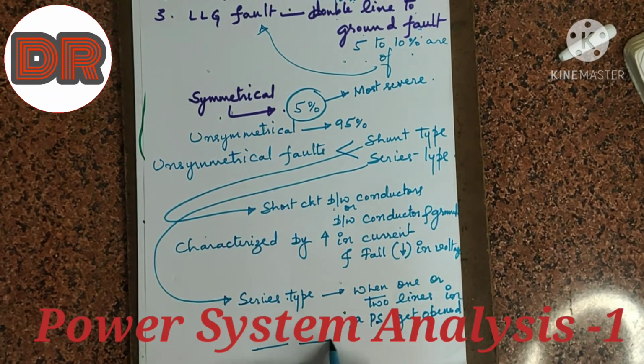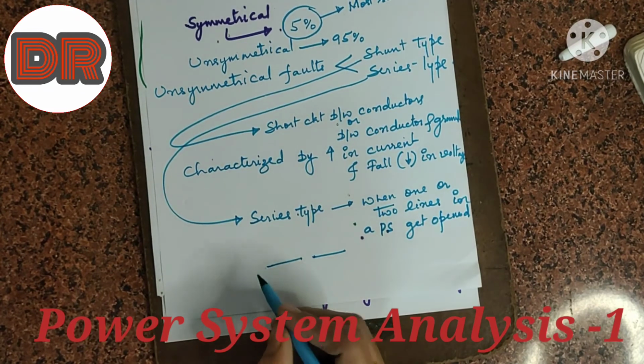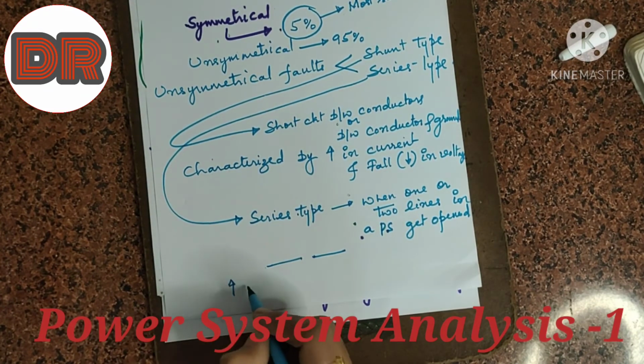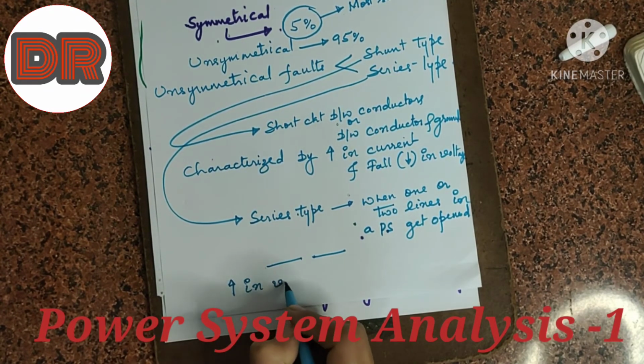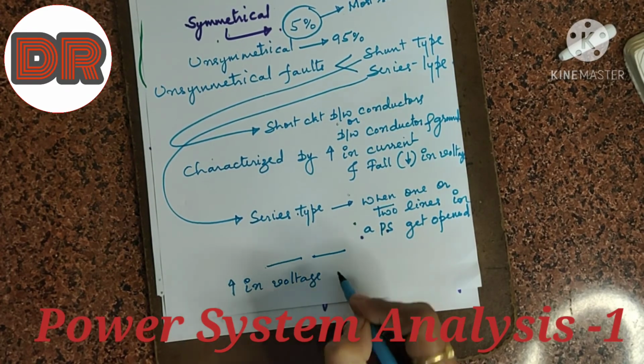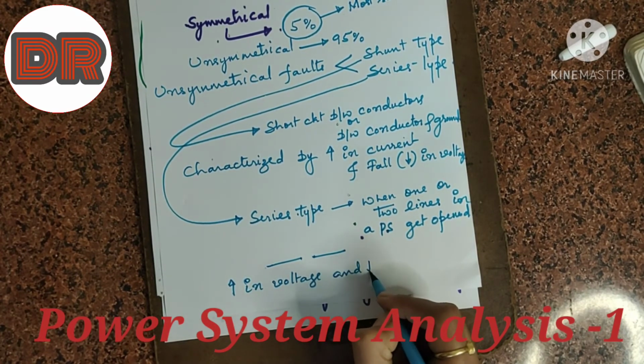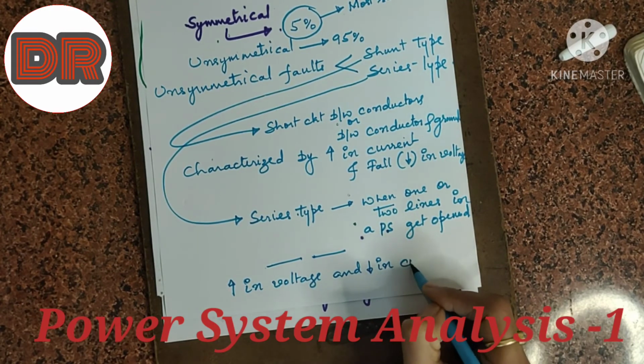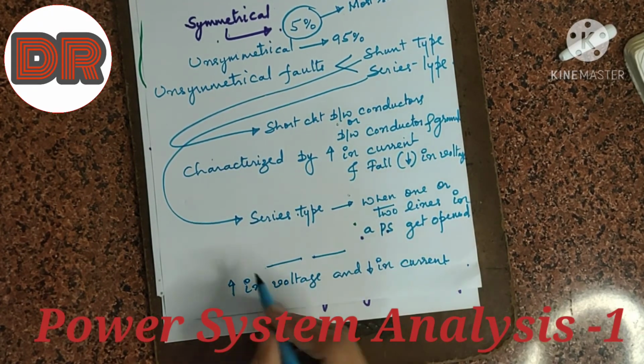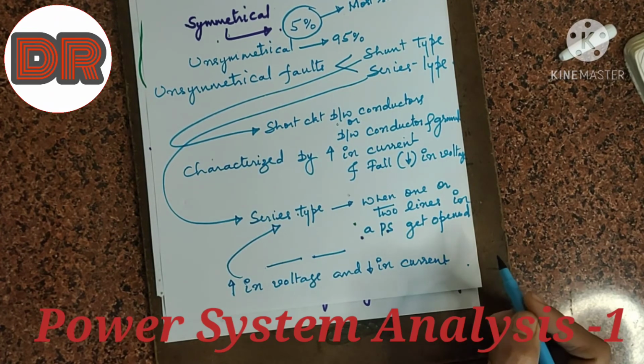Or we can say when there is an open circuit in a conductor or in a line, it is a series type of fault, and these can be characterized by increase in voltage and decrease in current.